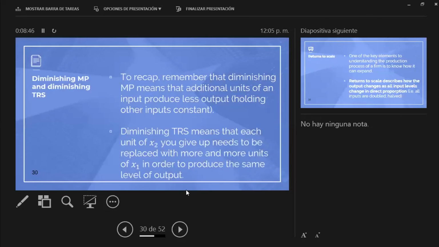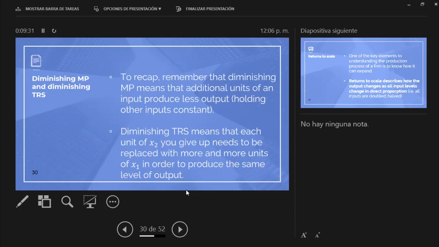So we move to finish this concept before we head into the last part of this lecture, which is this idea of diminishing marginal product and diminishing technical rate of substitution. Diminishing marginal product means that every extra unit of an input I hire, buy, or use will produce a smaller increase in the overall output up until a time in which it can become negative.